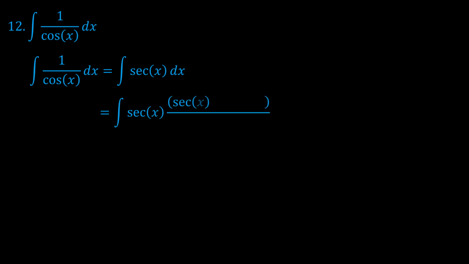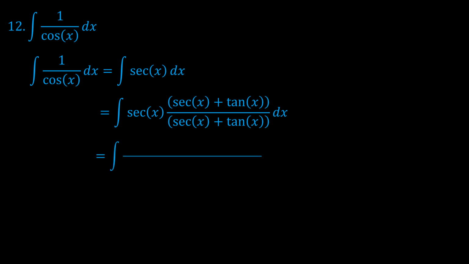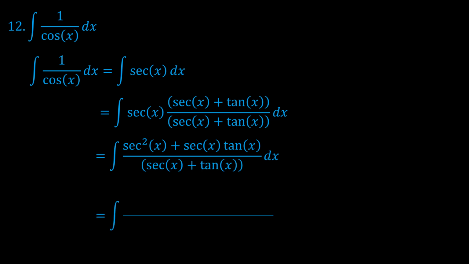So what I usually do is I put secant x plus tan x both in the numerator and denominator, which essentially would cancel each other, so it's the same as 1, but putting them there is very important because then that simplifies a lot of things. Because now when we multiply secant x across, we have secant squared x plus secant x tan x. Secant squared x is the derivative of the tangent of x, and secant x tan x is the derivative of secant x.